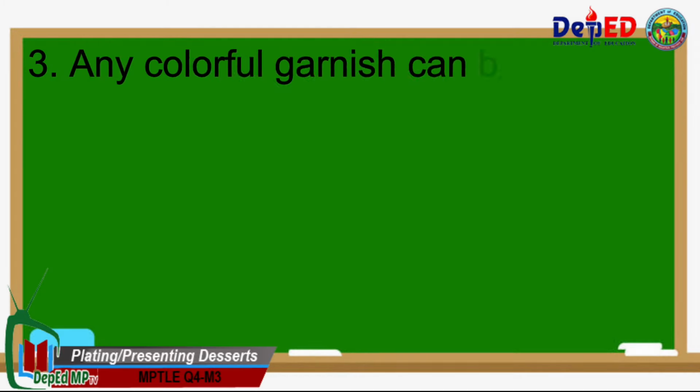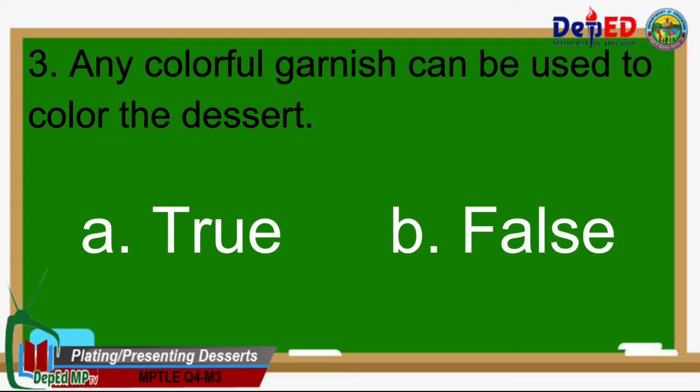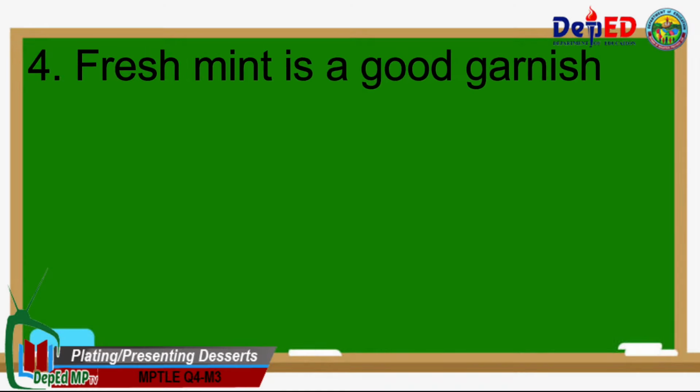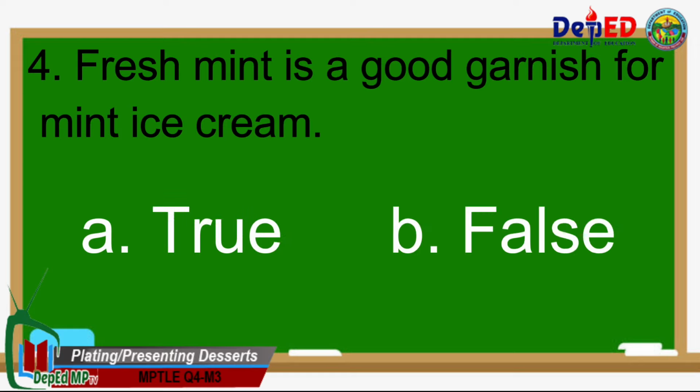Number 3. Any color for garnish can be used to color the dessert. The correct answer is false. Number 4. Fresh mint is a good garnish for mint ice cream. The correct answer is true.